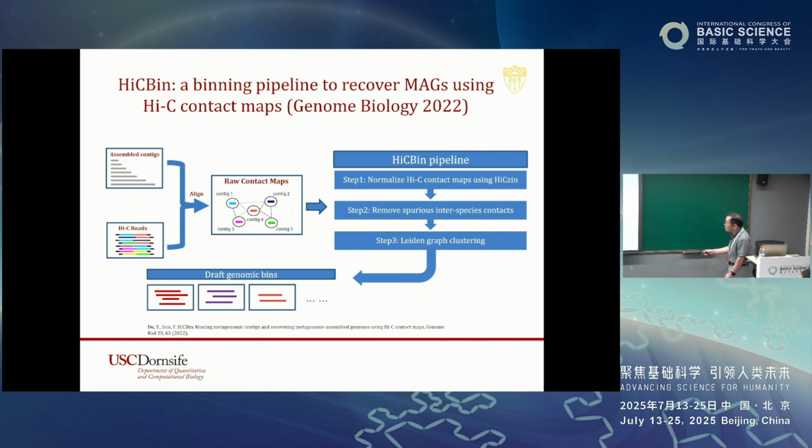Then we use the so-called Leiden graph clustering, and we classify those contigs into different clusters. Then we ask, will these clusters closely map to the real genomes? That's the next question. So this is the computational method, and then we see whether we get it right or not.